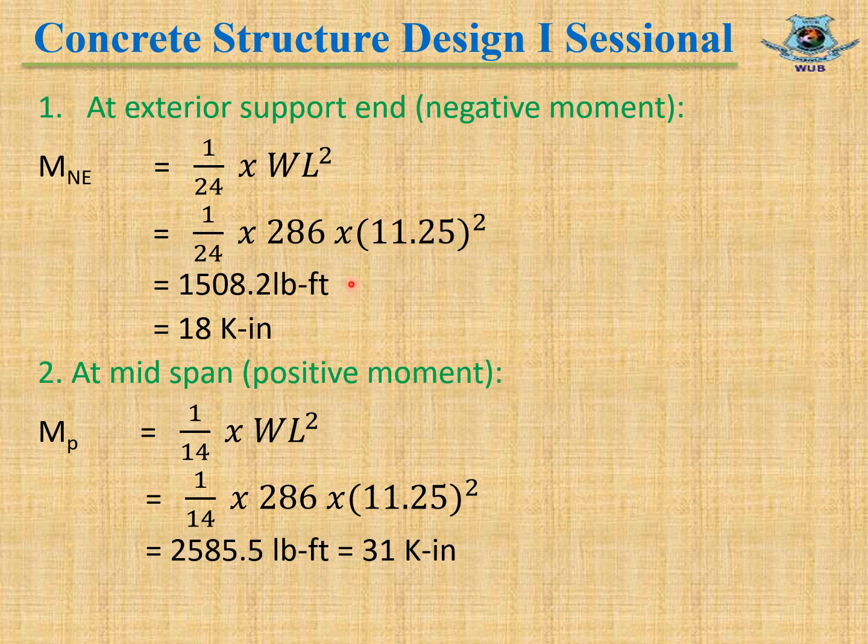Substituting all values, we get MNE equal to 18 kip-inch. At mid span, positive moment MP equal to 1 by 14 into WL square. 1 by 14 as shown in previous slide. Substituting all values, we get MP equal to 31 kip-inch.